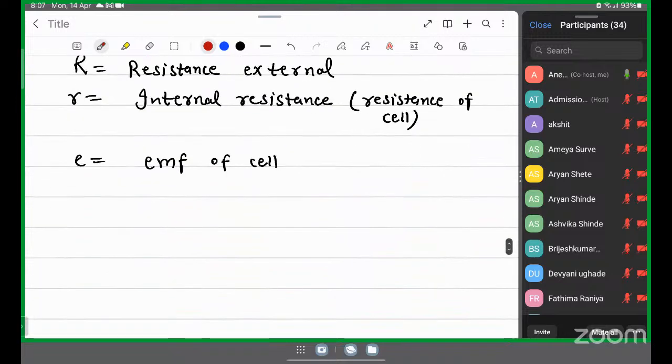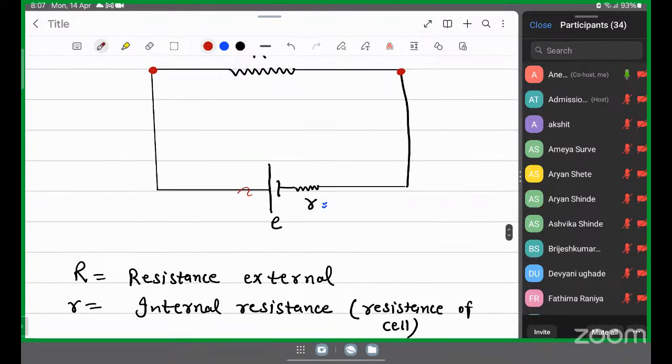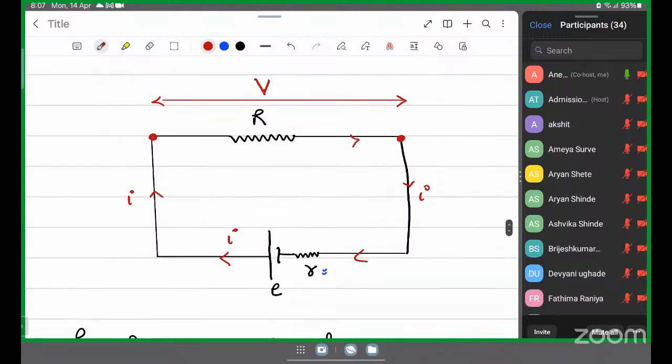So in this case, V is the terminal potential. Now let's say there is current I in the circuit. According to Ohm's law, how much energy will be utilized here? Because potential is a form of energy, we can write V is equal to IR.